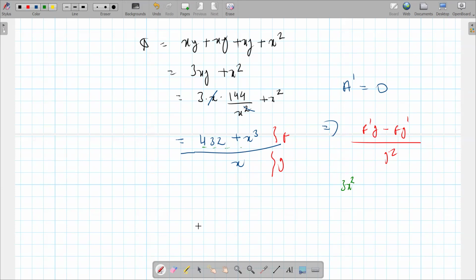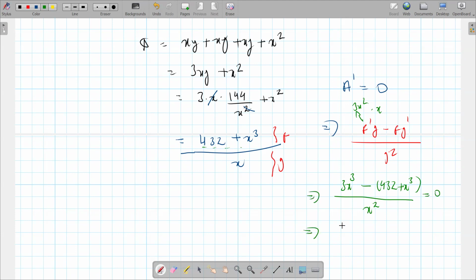Do you agree? 3x squared times x is 3x cubed, minus f by itself, so that's 432 plus x cubed. What's the derivative of the denominator? 1. So you multiply this by 1, nothing changes, all over the original square. There we go. That is our A prime.